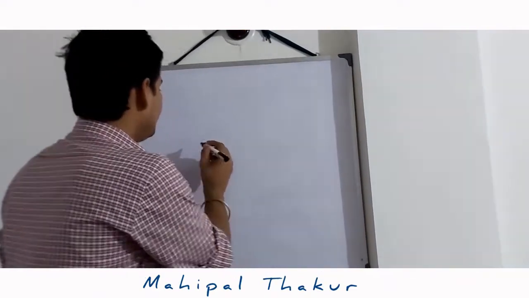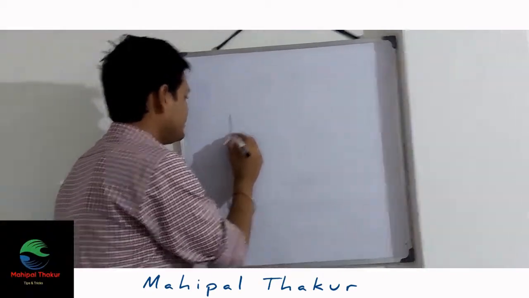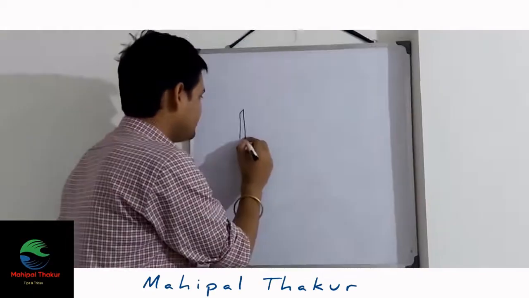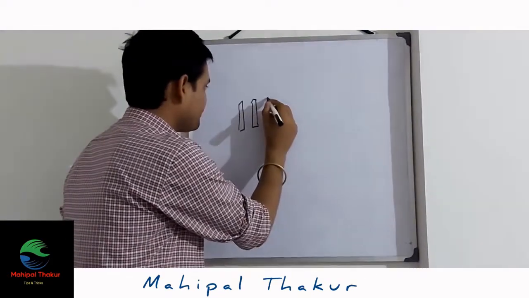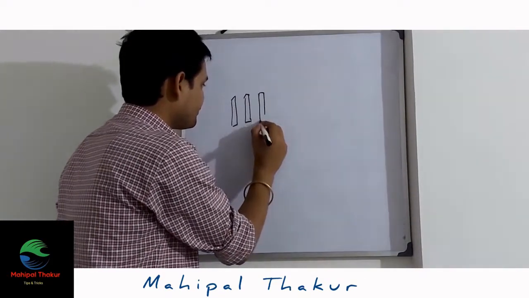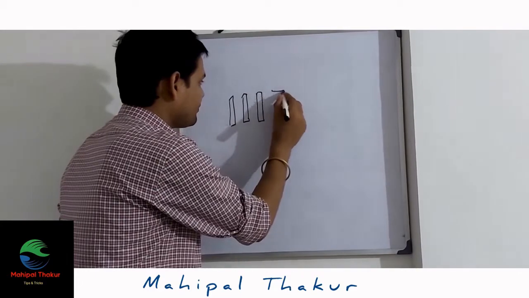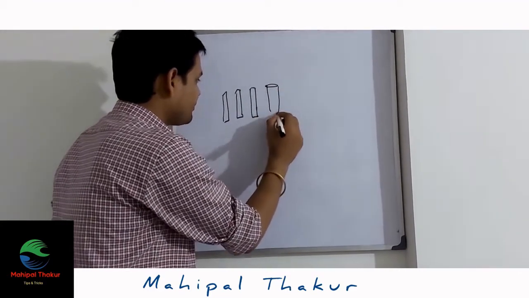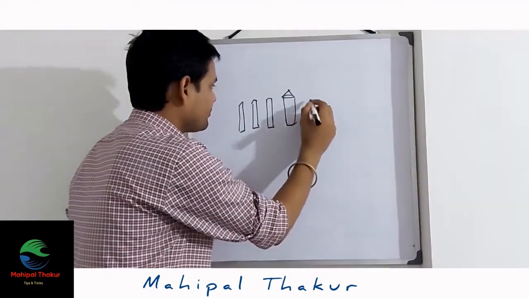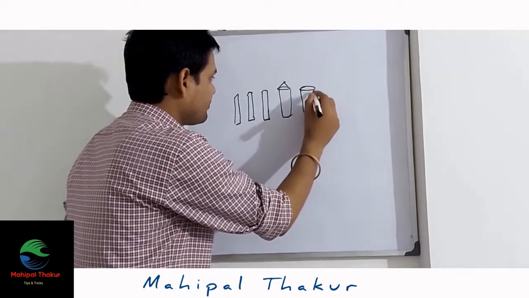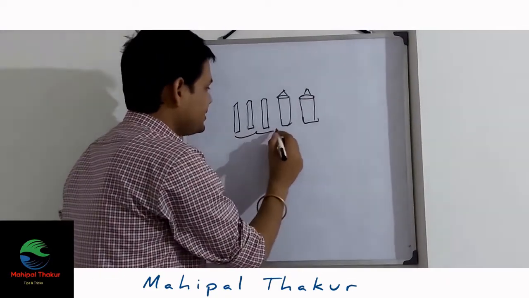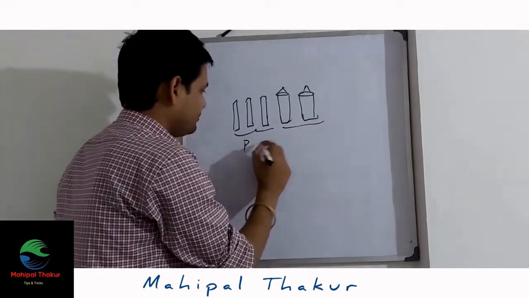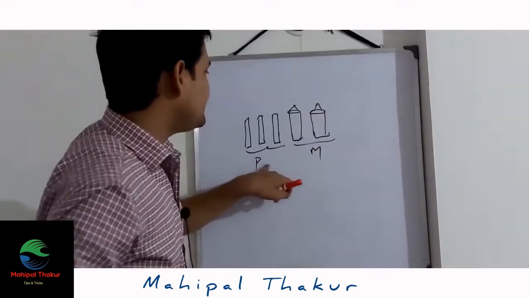Let's say we have 3 pens and 2 markers. These are the pens, these are the markers. 3 pens and 2 markers.